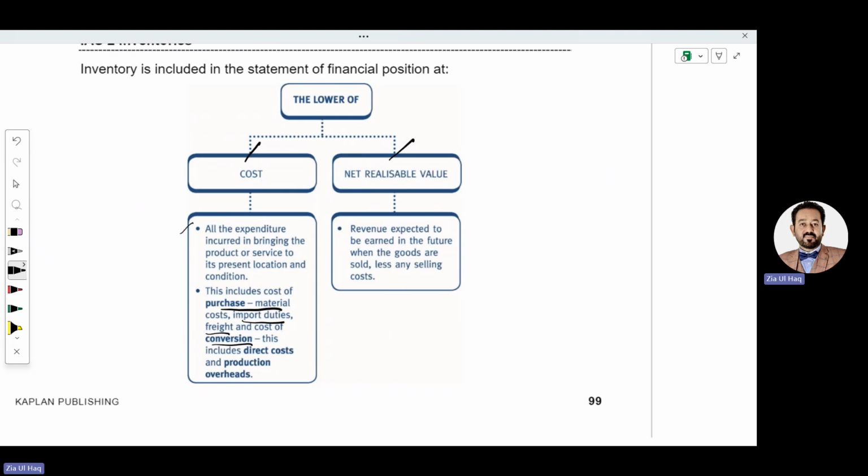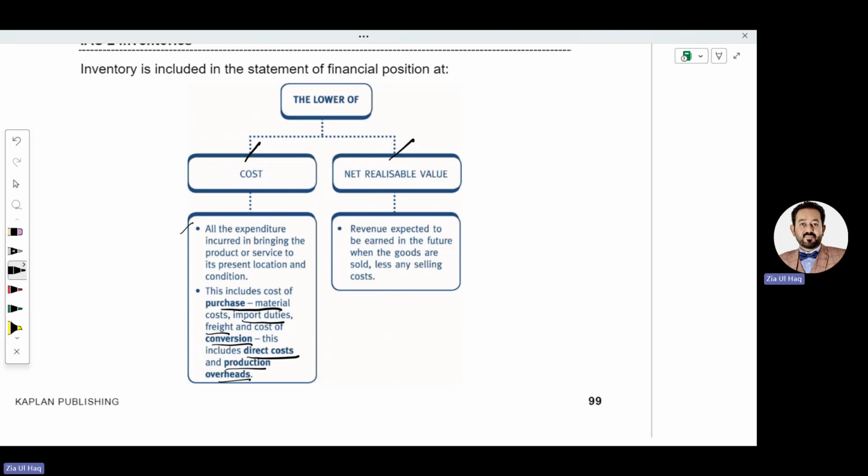So purchase cost plus import duties, freight, and conversion cost. Conversion cost includes direct labor and production overheads. Overheads mean expenses used in the production, like electricity, like rent of the building.